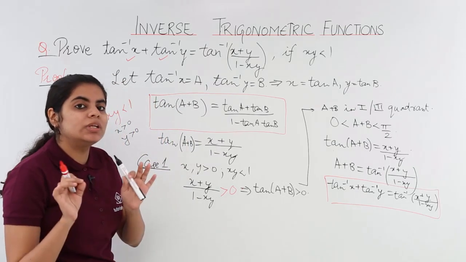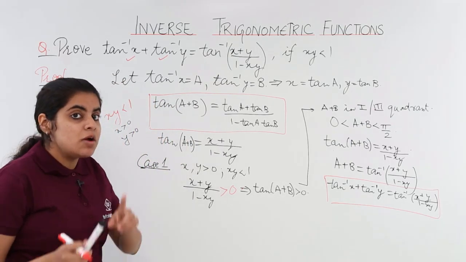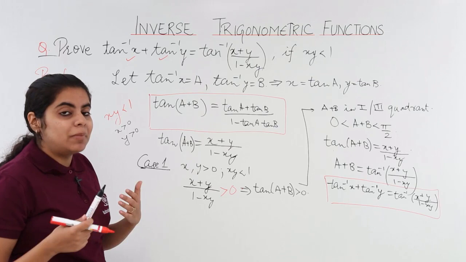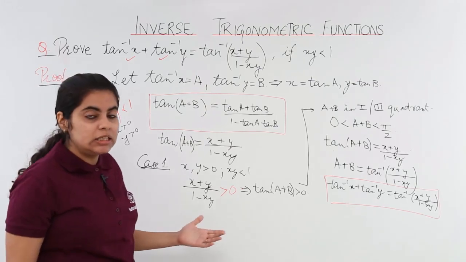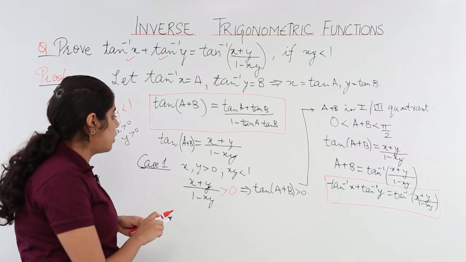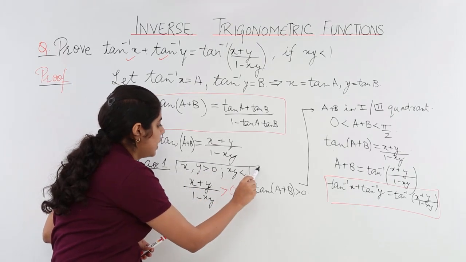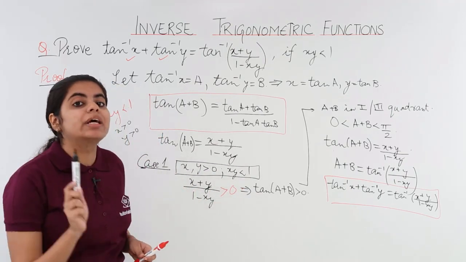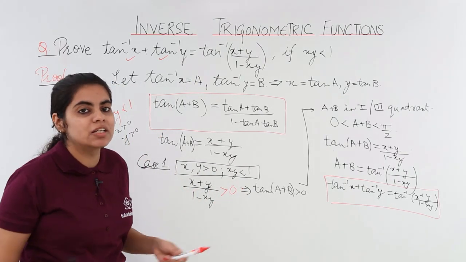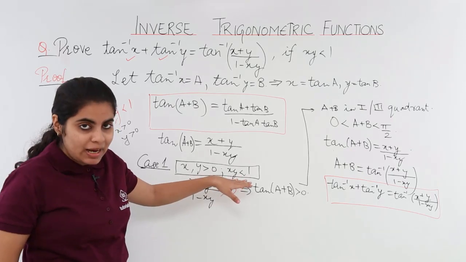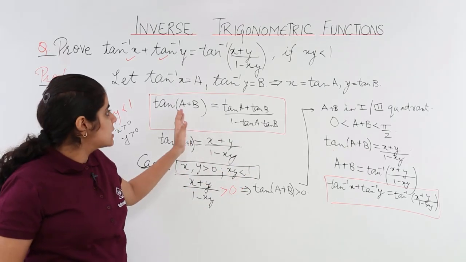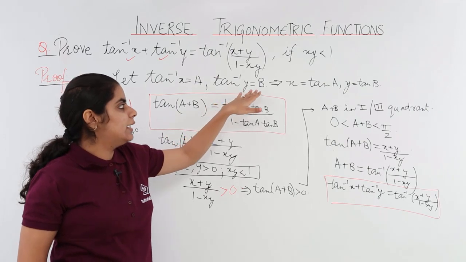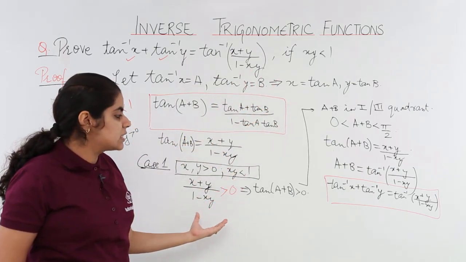What is changed? Only this thing is changed: my cases would be different. My cases can be many. The first case that we considered was what? That x and y are both greater than 0, both non-negative, but multiplied together they give less than 1, and I substituted tan inverse x is equal to a, tan inverse y is equal to b. The whole story was the same.